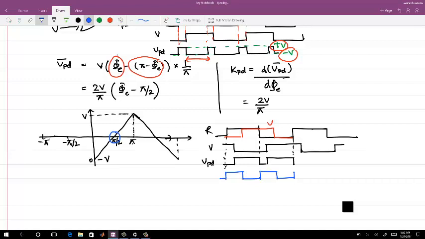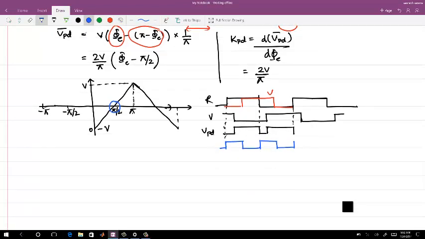Let me say, if this is my reference frequency, or 1 by f ref, and this is my VPD, in the output spectrum of VPD where do you think the harmonics will be? Twice f ref, right?